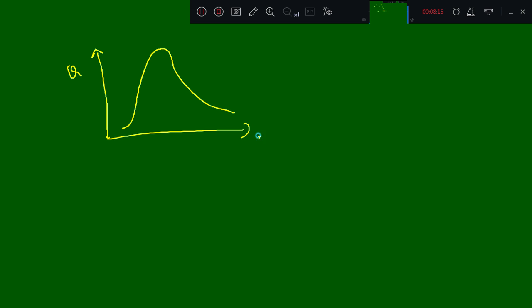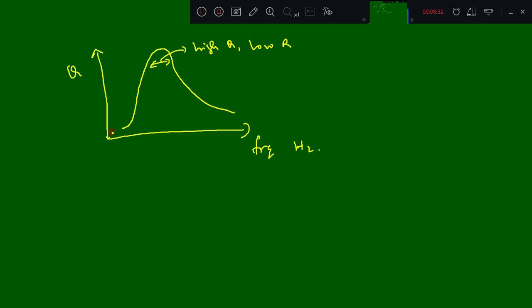Diagrammatically, if I represent it, it will be like this. For the Q factor, this is the Q value and this is the frequency in hertz. For a high Q value, it is a high Q and low R value.